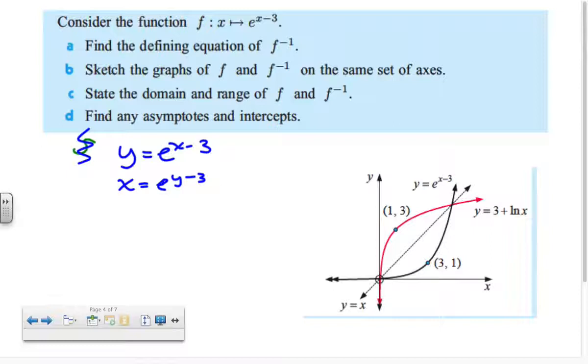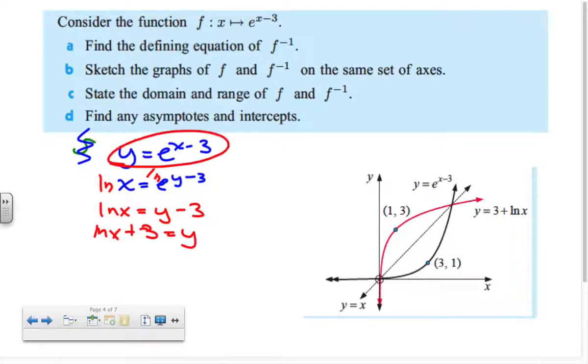Again, I want to get that y out of the exponent, so we're going to take the natural log of both sides. These are all those solving techniques we worked on in class. So I have ln of x equals y minus 3, so ln x plus 3 equals y. This is my function, and this is my inverse.